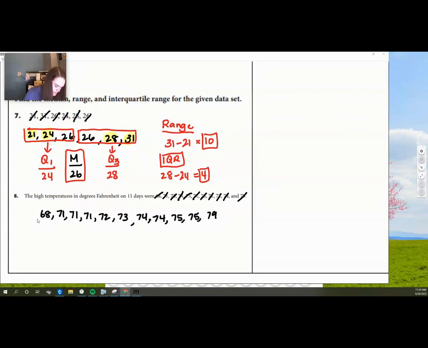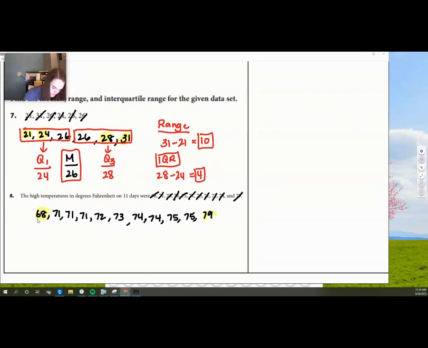All right, there we go. Oh, we do have an exact middle. Which means our median is 73. The very middle is Q1.